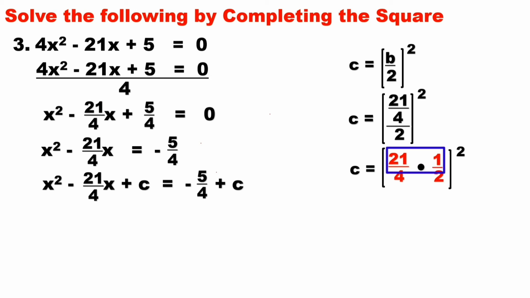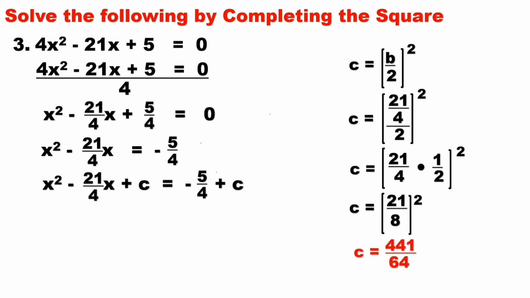21 times 1 is 21. 4 times 2 is 8. Then, square the result. 21 squared is 441. 8 squared is 64. To continue, add 441 over 64 to both sides of the equation.